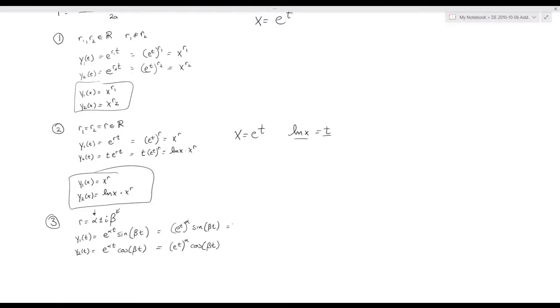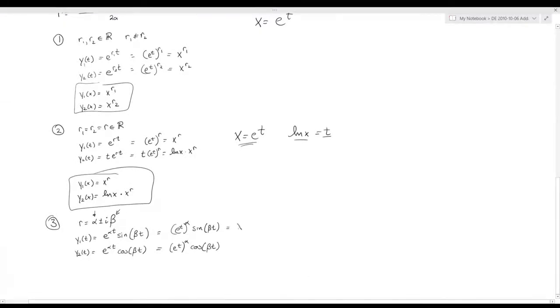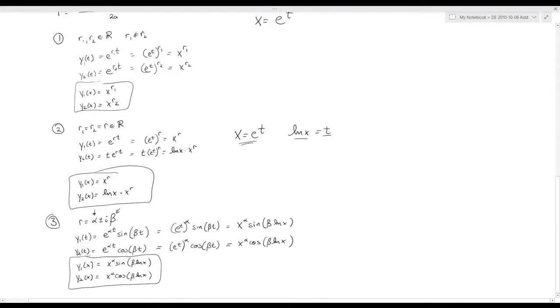If we want to write the fundamental solution set as a function of x, then we use our change of variable, so e to the t is x, and t is log of x. So that explains this fundamental solution set for the Euler equation in the case of complex roots.